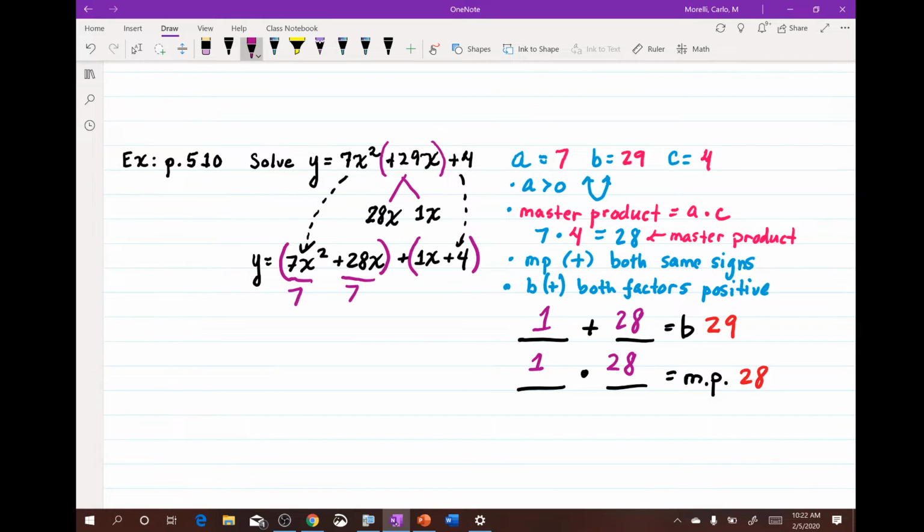What else could I pull out of both of those? Okay, me said put X. See, we can pull an X out of both of those as well.